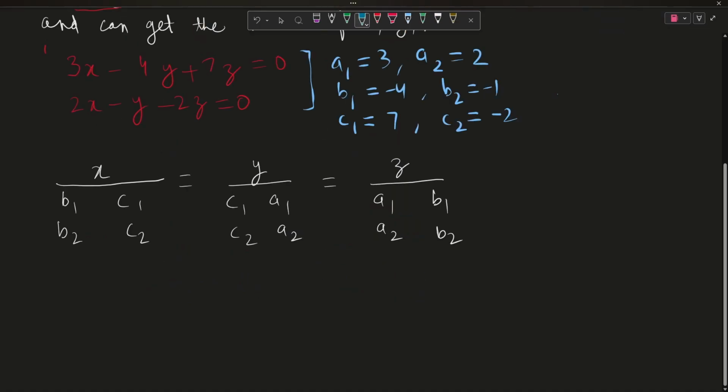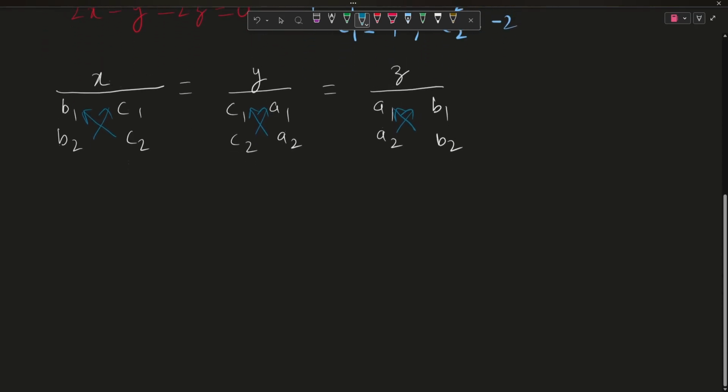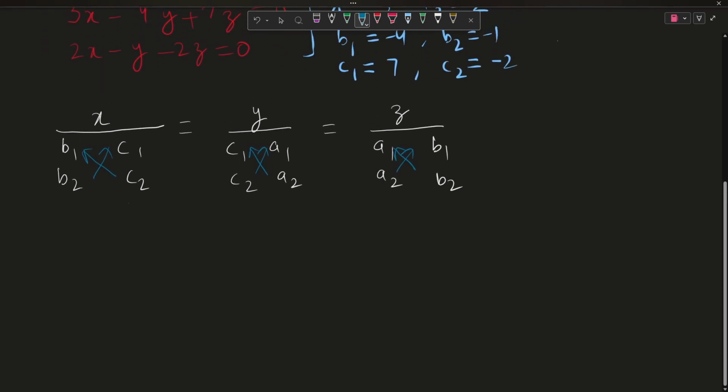Now we will cross multiply and substitute the values.